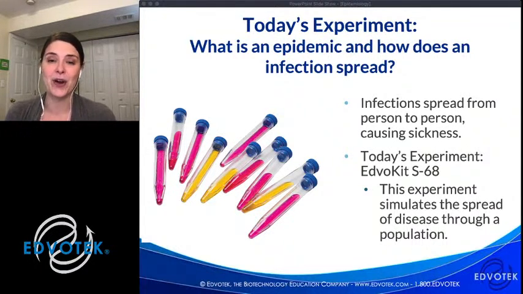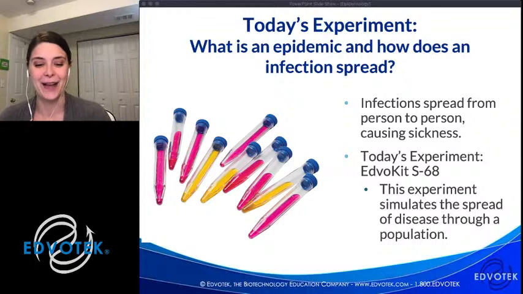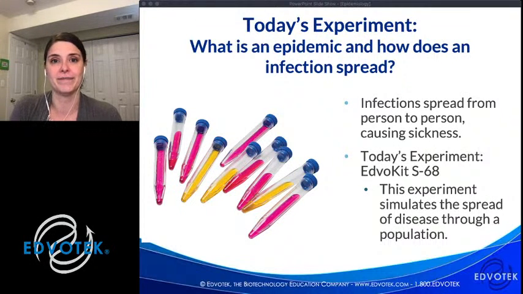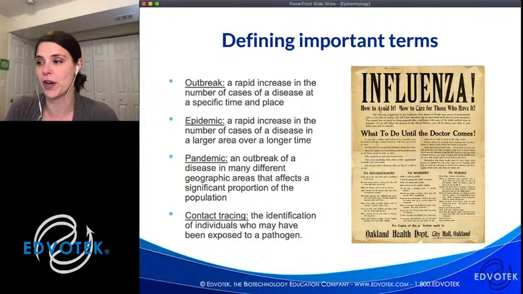Today we're obviously hearing about specific disease spread, but the spread of any disease within a community is problematic. So in today's lesson, we're going to talk about pathogens, how they spread, and how we can use testing and a little bit of detective work to determine the source of infection. First, I want to define a couple important terms.